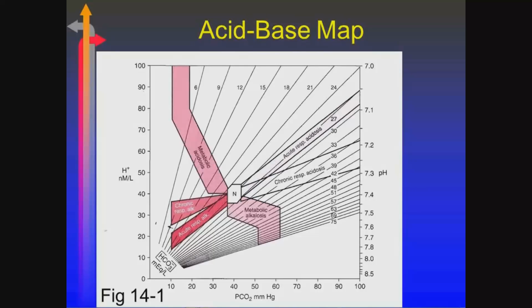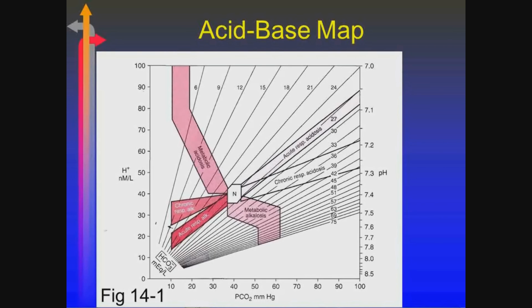Now, in Malley, nobody pays attention to this, but in Chapter 14, which is actually a very fabulous chapter to read. Okay, I'm stretching it a little bit there, but it is interesting. He has this, what he calls an acid-base map, okay?